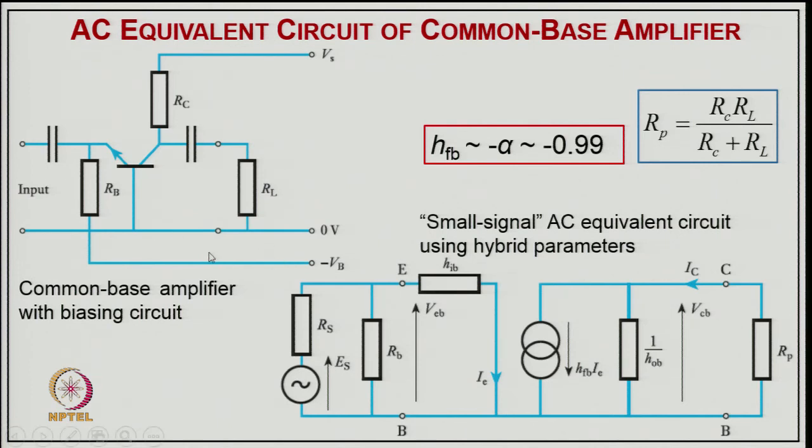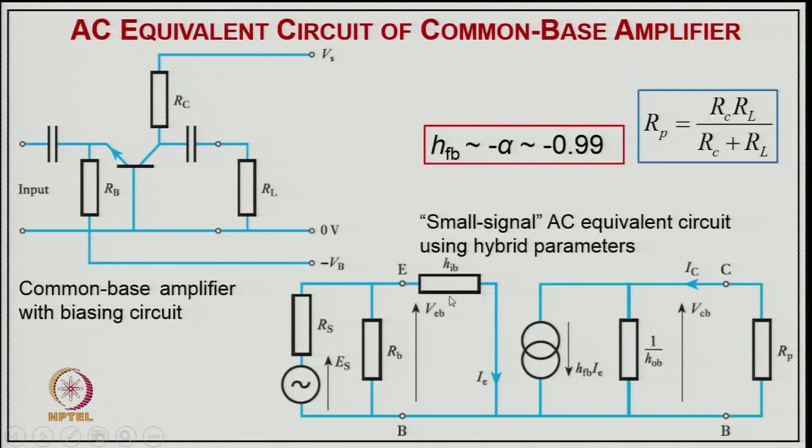Here we have another transistor circuit, a common base, where we have an input corresponding to the emitter, and the output is again corresponding to the collector. So we have an equivalent circuit here. Again you have an AC input with its resistance, and the bias resistance corresponding to the negative voltage.